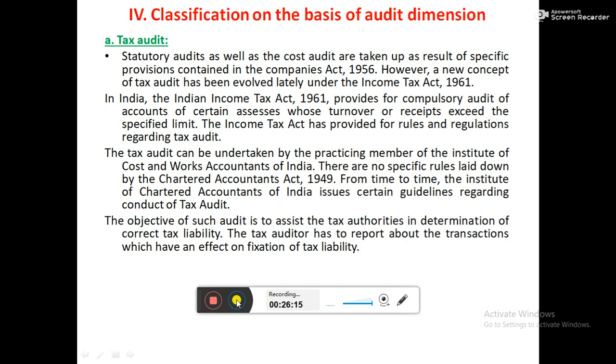The objective of such an audit is to assist the tax authorities in determination of the correct tax liability of that organization. The tax auditor has to report about the transactions which have an effect on fixation of the tax liability. That means under tax audit, the auditor has to calculate how much tax that particular business organization has to pay to the tax department.